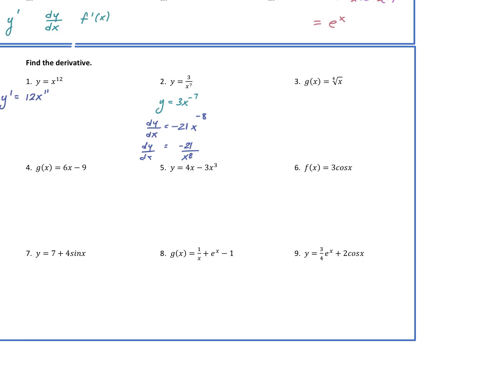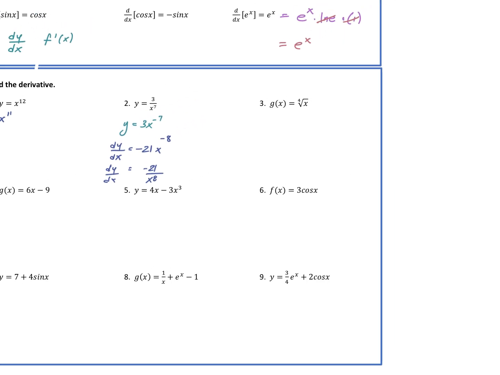For number 3, again, we want to rewrite the function to start with. So g of x is x to the 1/4 power. Now I can apply the power rule. So we're going to get g prime of x, 1/4 x, lower the power by 1. It's 1/4 minus 4/4, which is negative 3/4.